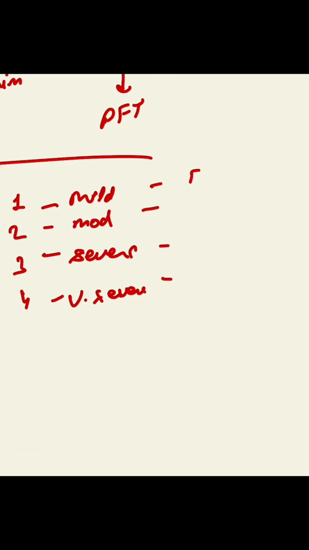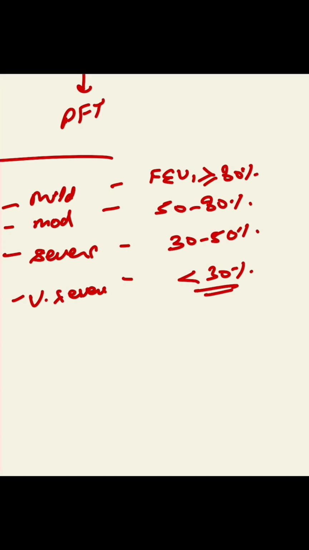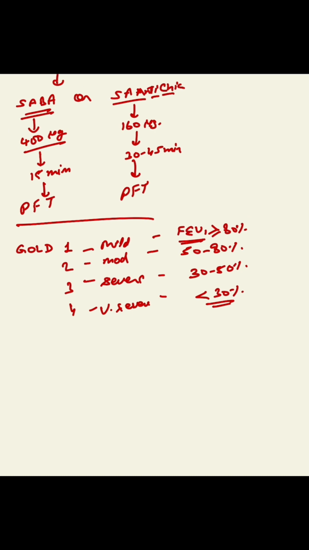If the FEV1 is more than or equal to 80% of the predicted value, it is GOLD 1; between 50 to 80%, GOLD 2; 30 to 50%, GOLD 3; and last is less than 30%. If the FEV1 is less than 30%, it is termed as the very severe category of the GOLD criteria.